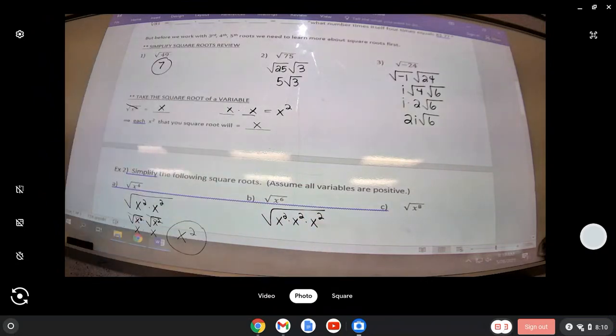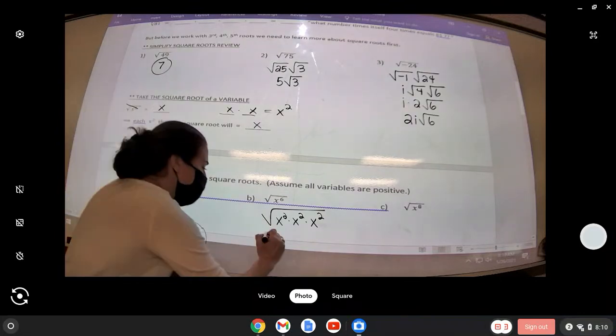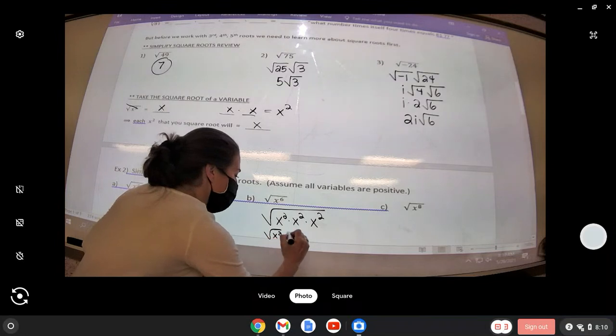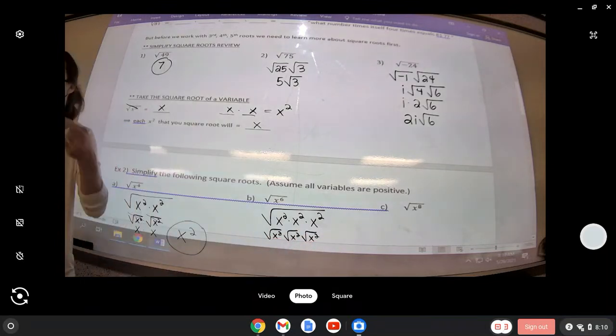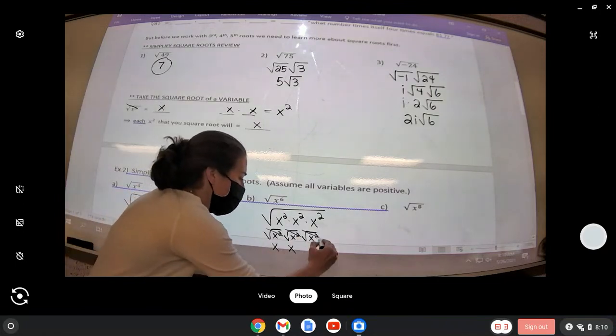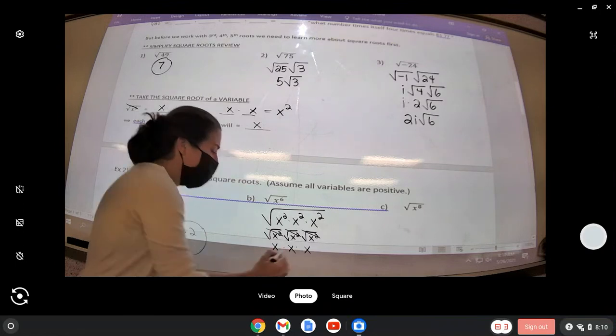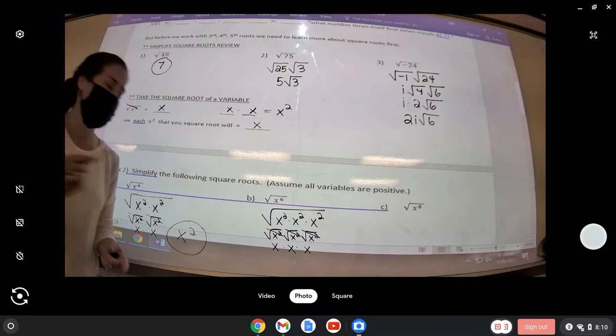Add your exponents. 2 plus 2 plus 2 is 6. So now I've created all of these x squareds. Now you can square root all of them. And every time you square root x squared, you get an x. So this will be x, this will be x, and this will be x. Now my answer will be, what's x times x times x? X to the third.